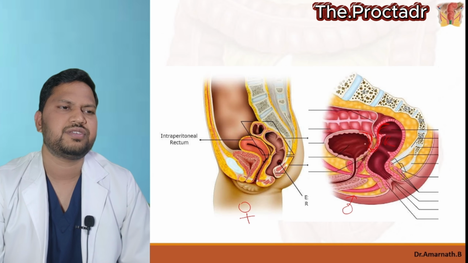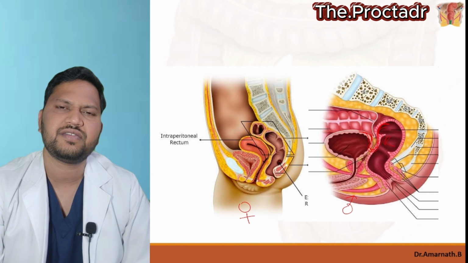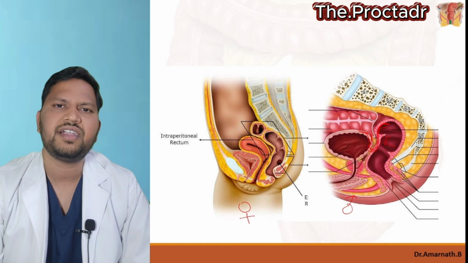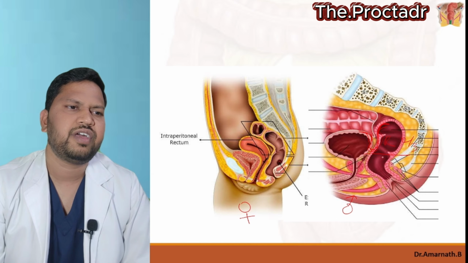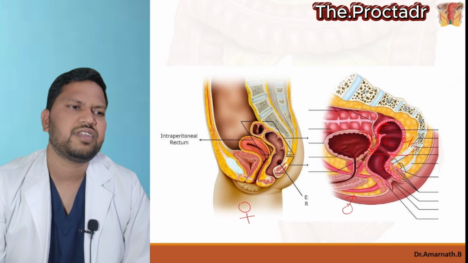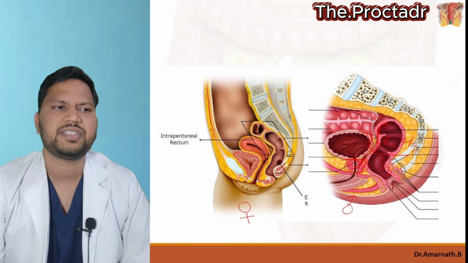This consists of the coils of the intestine and sigmoid colon, and it is related to the upper two thirds, whereas the lower one third consists of the base of the urinary bladder, prostate, seminal vesicles and ductus deferens. All these things are present.